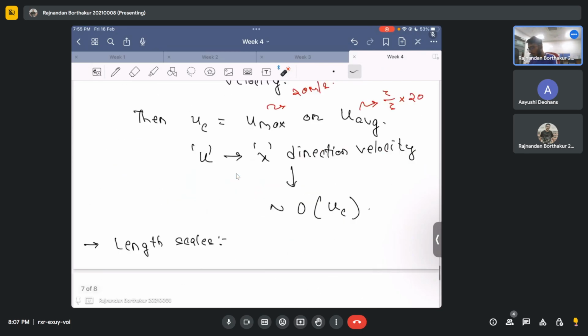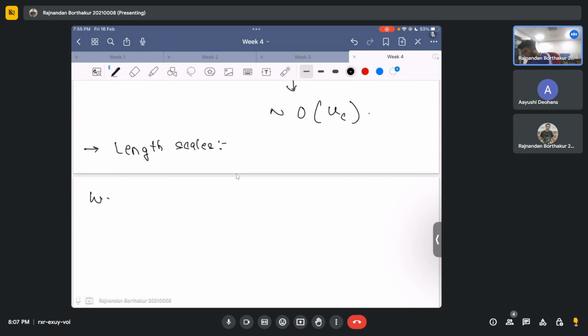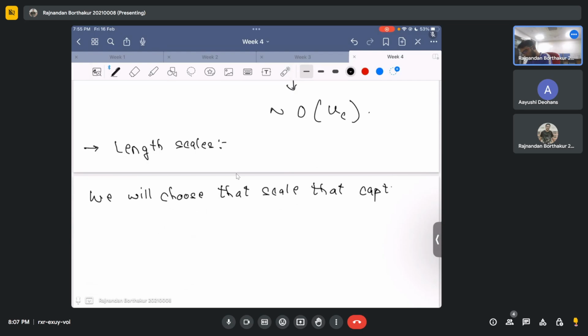This is the essence of choosing the scales. I'll write here: we will choose that scale that captures the physics.